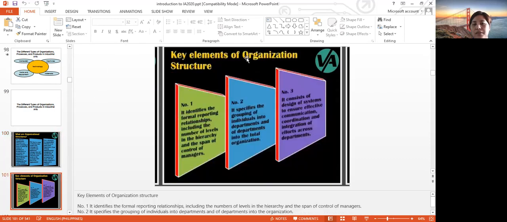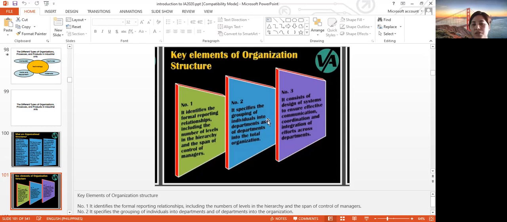Okay, so key elements of organizational structure. Number one, it identifies the formal reporting relationships, including the number of levels in the hierarchy and the span of control of managers. This is the thing that I keep on saying a while ago, and this will inform us who we are going to approach. Number two, it specifies the grouping of individuals into departments and of departments into the total organization.